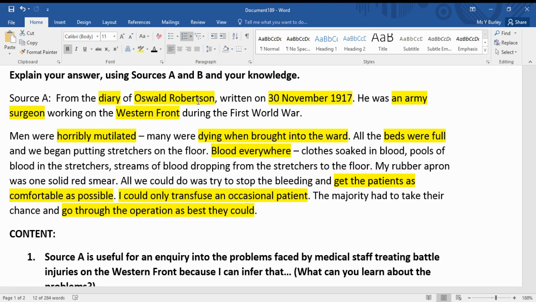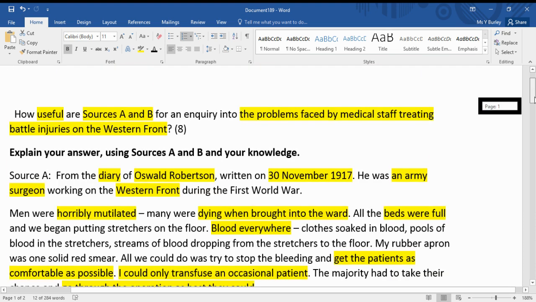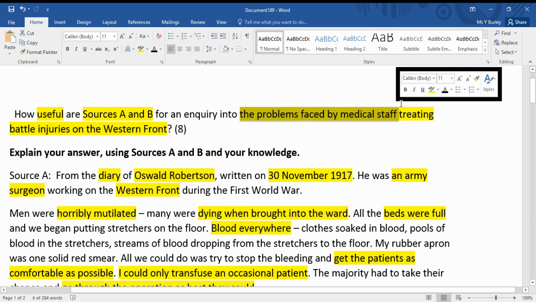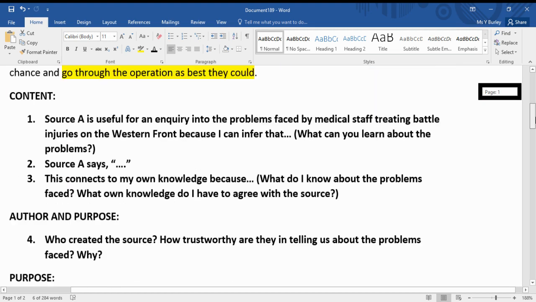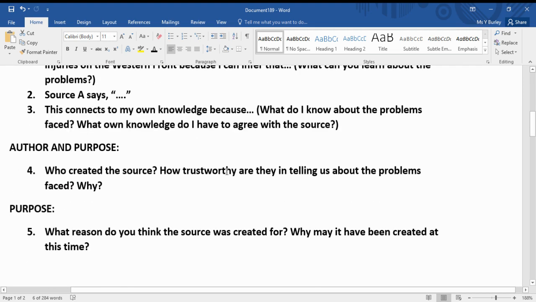Why might we be able to rely on him? If we think that he's not, then why might he not be as reliable? It's always connected to the question: can we rely on Oswald Robertson to tell us about the problems faced by medical staff? To what extent can we rely on him and why? You can tell me if he's trustworthy or not.